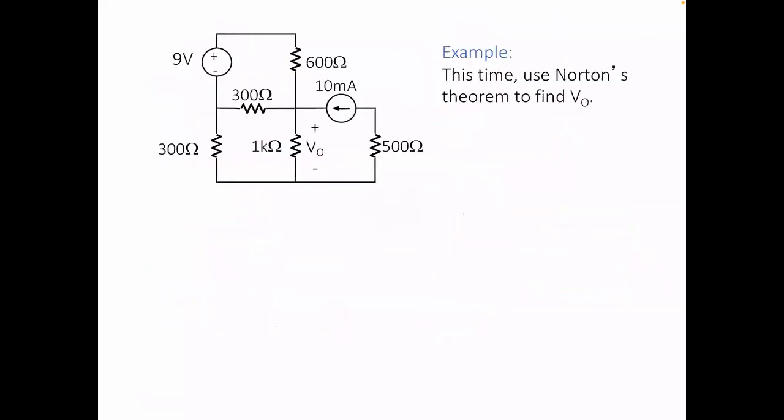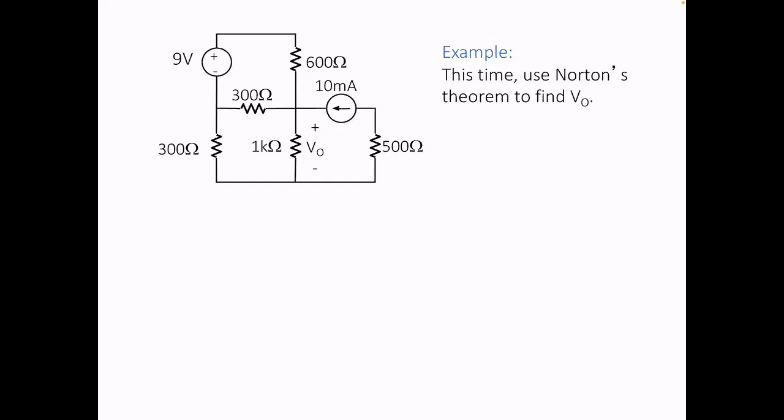Okay. Now, try the example also using Norton's theorem. So kung Norton's theorem naman, ano yung gagawin natin? Tatanggalin natin yung load. And then we'll get the Norton current, no? Yung Norton resistance, alam na natin, that's the same as the Thevenin resistance.